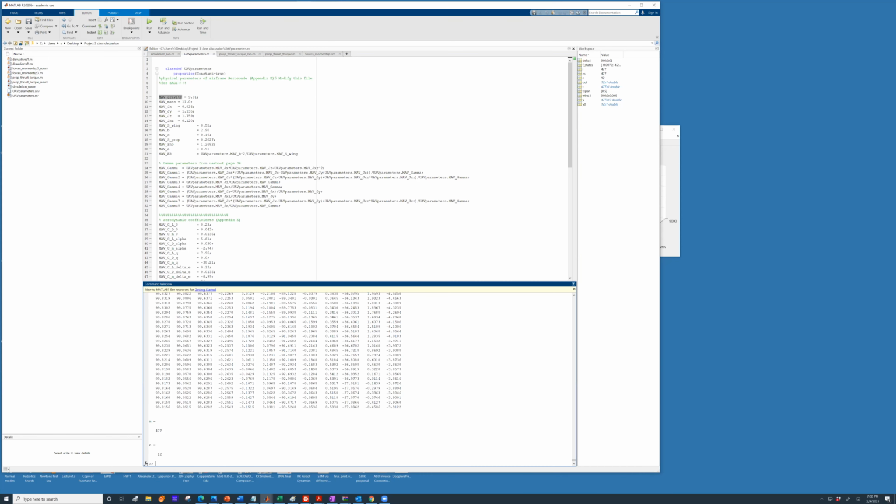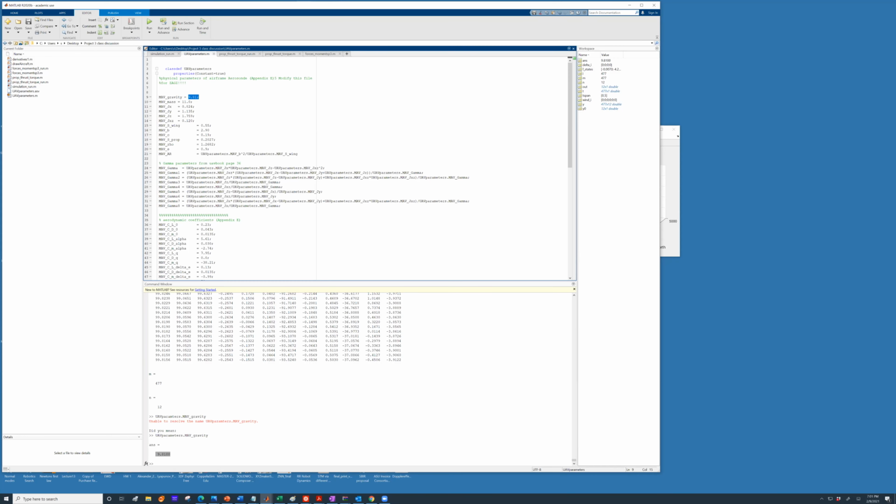So if I want to access it, I say UAV parameters dot MAV underscore gravity. And if I enter that, can you see, UAV parameters dot MAV underscore gravity gives me 9.81, which is the parameter here.